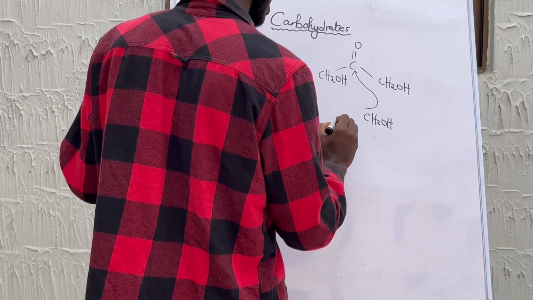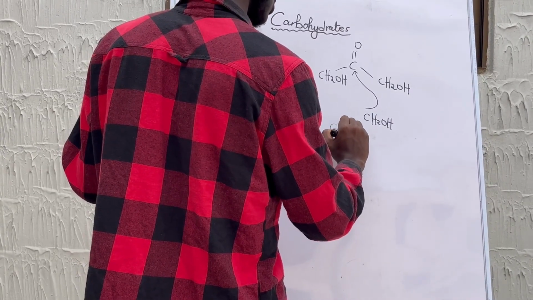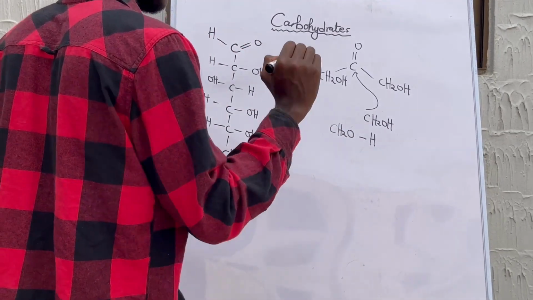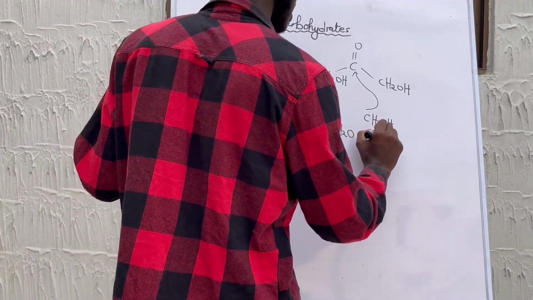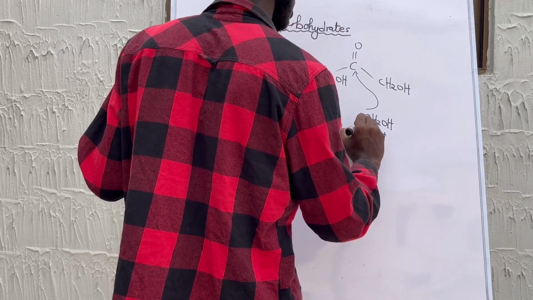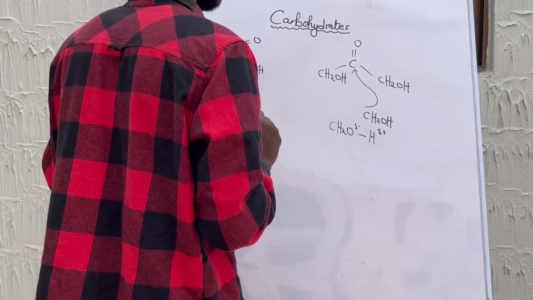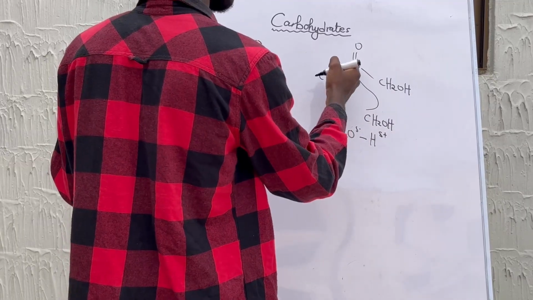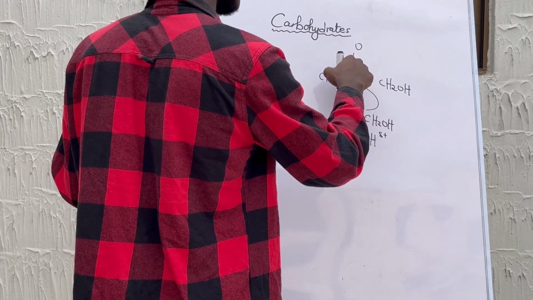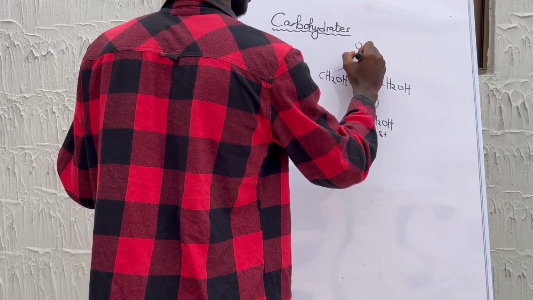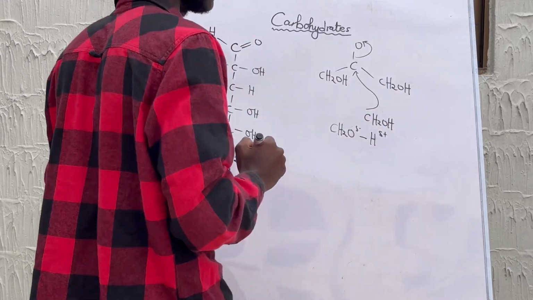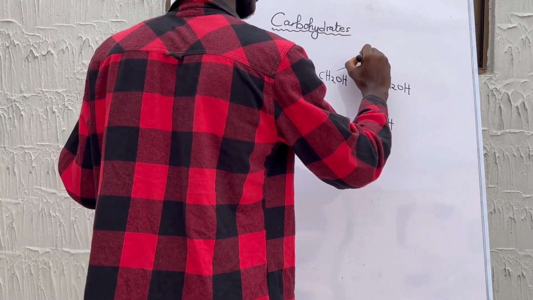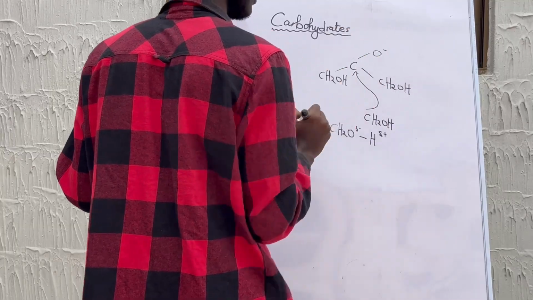This CH2OH that you are seeing here is the same thing as CH2O bonded to hydrogen. If you remember your organic chemistry very well, you are going to realize that this one is partially positive, partially negative. So the moment this OH group attacks the carbonyl group, we are going to have this bond breaking off, and the electron being moved to this oxygen to give a negative charge. So now we have carbon, oxygen with a negative charge.